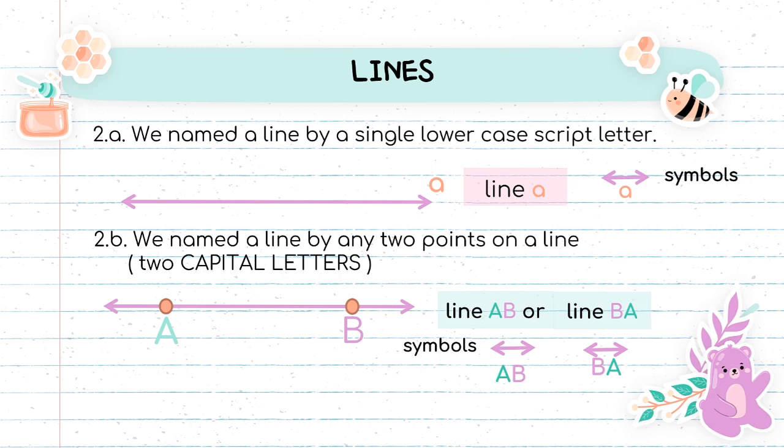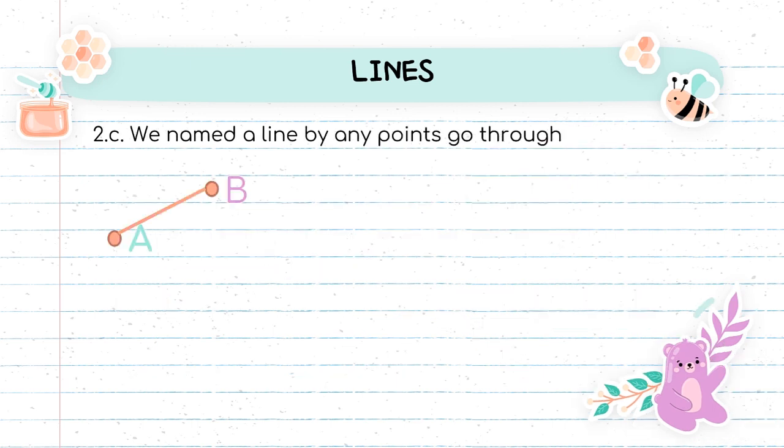Yun yung pangalan ng ating line. When there are two points, they determine a line. We name a line by any points it goes through. I have here an example. So, from this point, si point A and point B, meron siyang line dito.